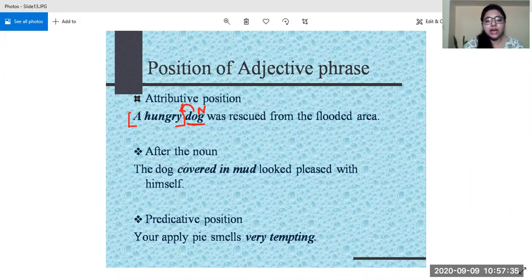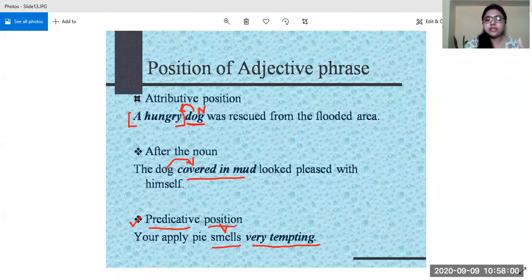It can also be placed after the noun, like "the dog covered in mud". So this is also one way of writing an adjective phrase after the noun. And when it is placed after the verb, smells is the verb, then it is said to have a predicative position.